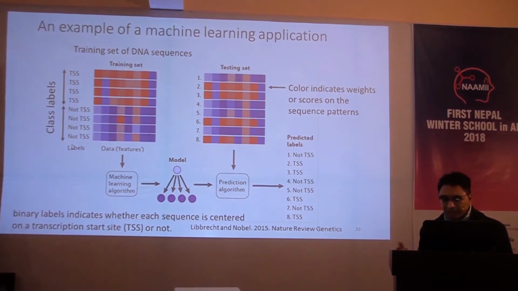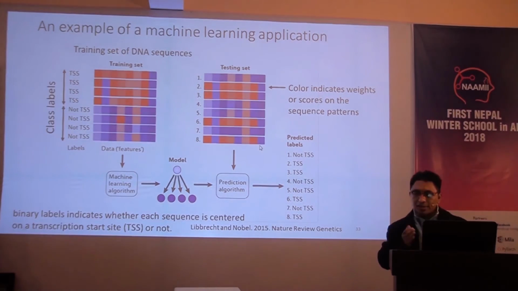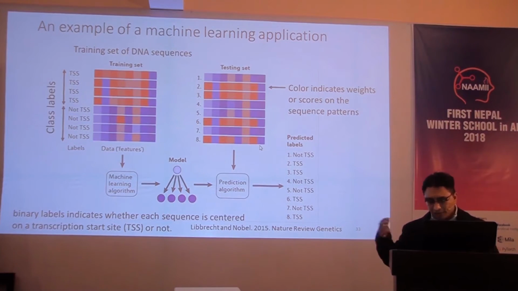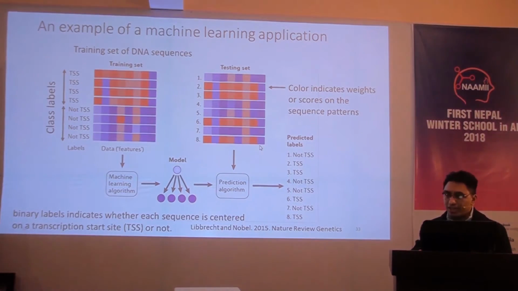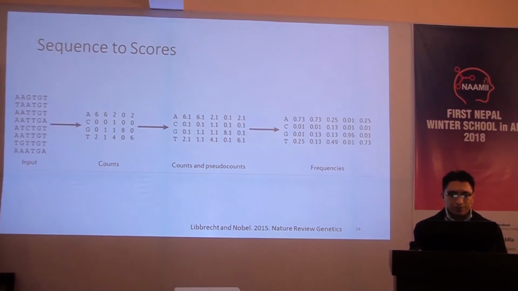Then you can build a learning model and a predictive model to classify, in any test set, which sequence might be aligned to a transcription start site and which might not. So this is a very generalized model of gene regulation, of what different aspects we can do.